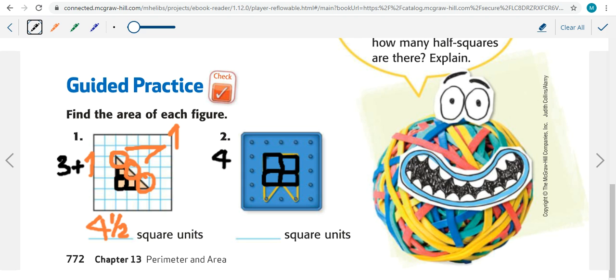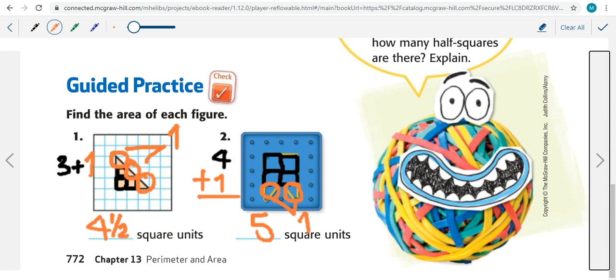And how many halves do we have? 1 and 2. And remember, if you have 2 halves, you make 1 whole. Si usted tiene 2 mitades, hace 1 entero. So we are going to add 4 plus 1 is 5. So the area is 5 square units.